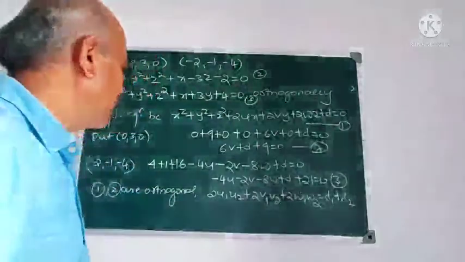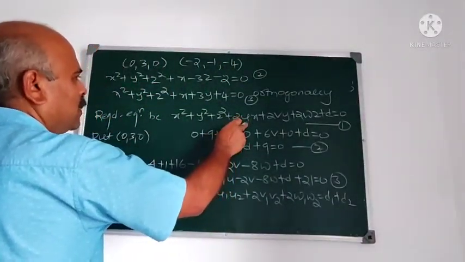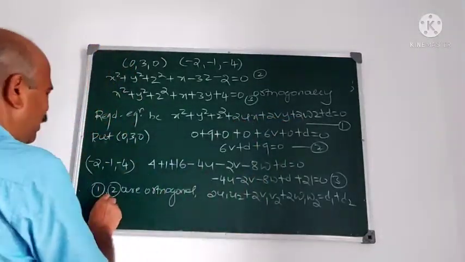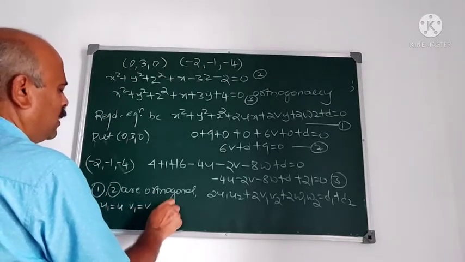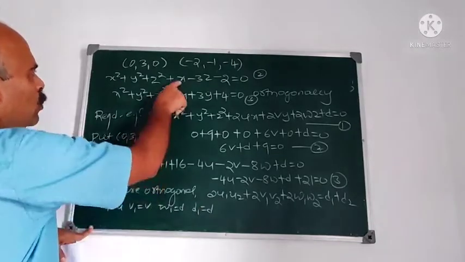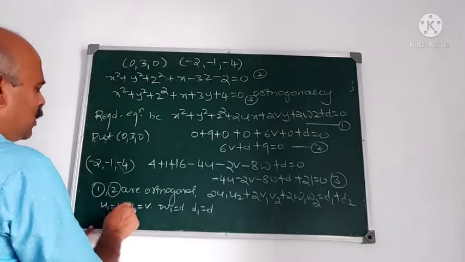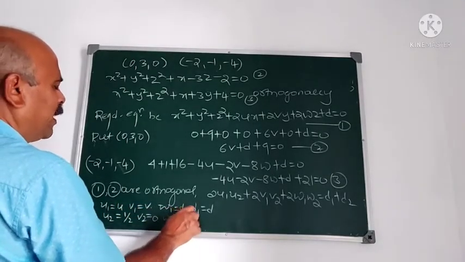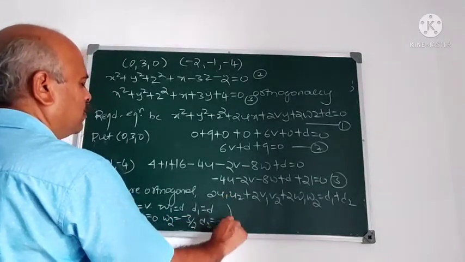Now u1 is u, v1 is v, w1 is w, and d1 is d. What is u2? u2 is half, v2 is 0, w2 is minus 3 by 2, and d2 is minus 2.